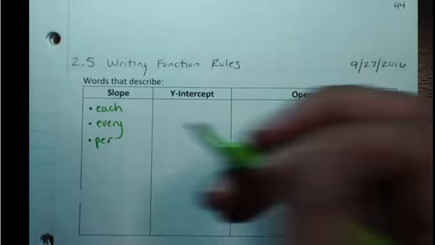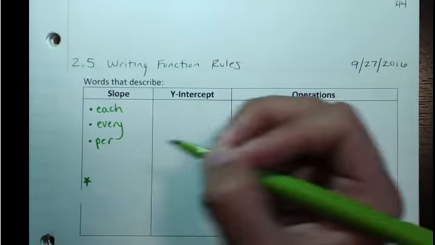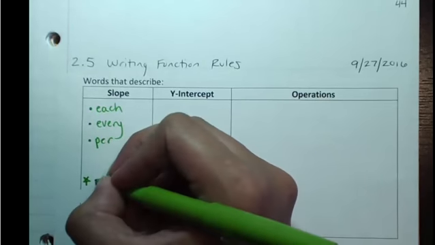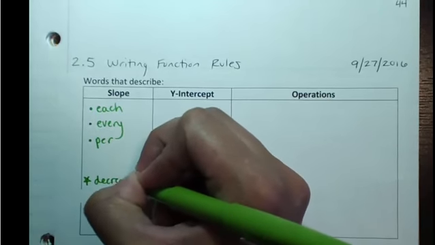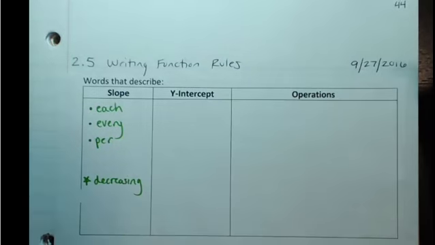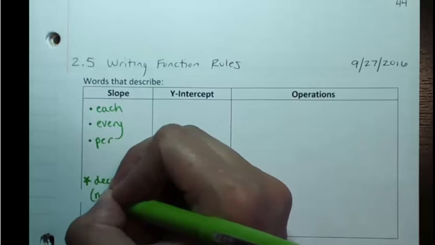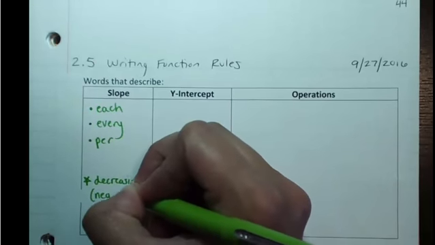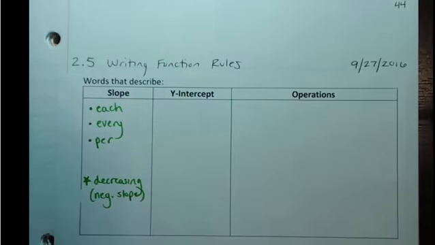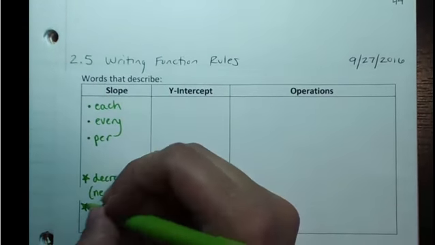Now as you're identifying the slope, you have to keep in mind two things. If it's decreasing, so say the water in the tank is going down 5 gallons per minute, okay, that would represent a negative slope. So we have to make sure we identify the slope as being negative, and it works the same way as if it was increasing.